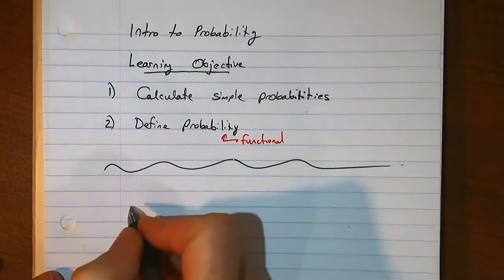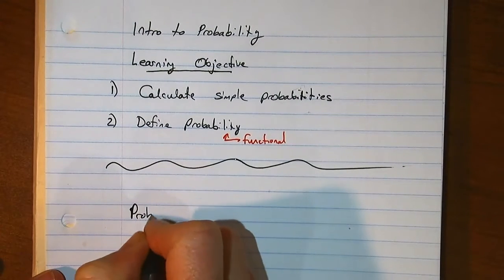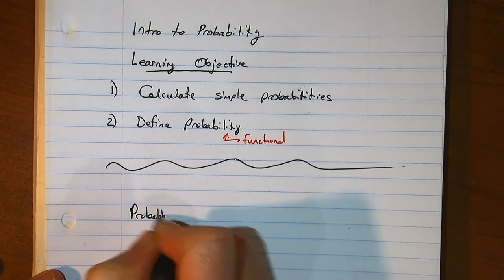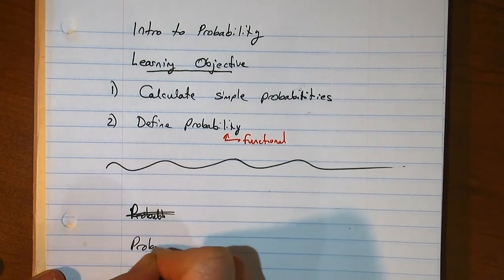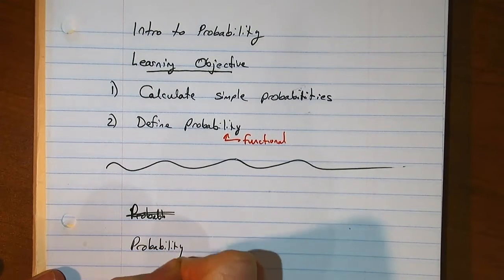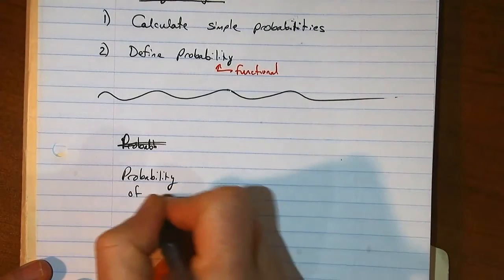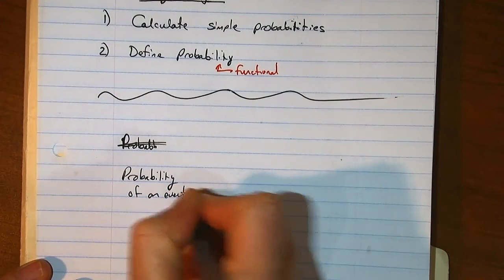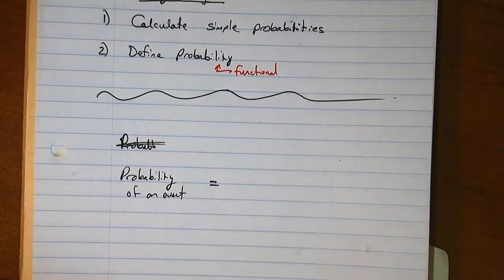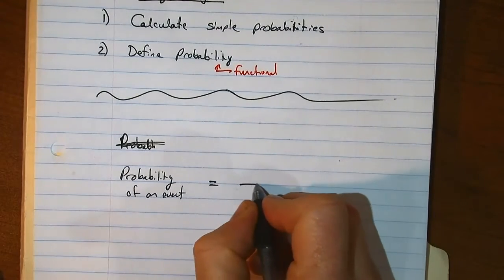So we're going to say that the probability of an event is going to be equal to the ratio. And remember, ratio just means it's a big fraction.